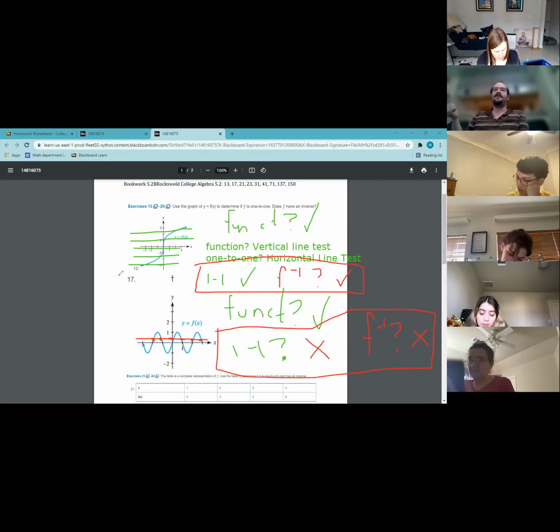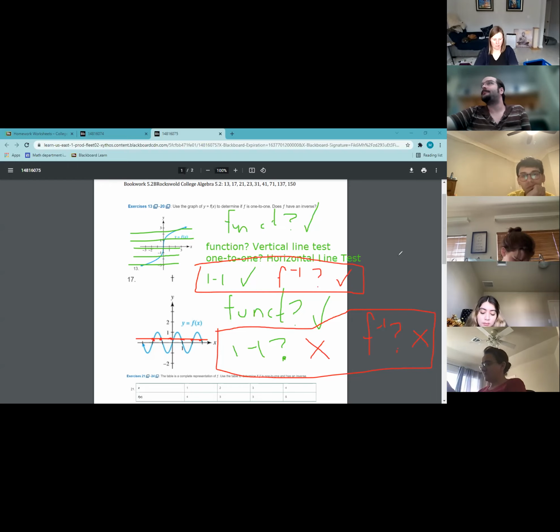If it's 1-to-1, that means its inverse is a function, and if its inverse is a function, then it has an inverse. So these two things are really the same question, just asked differently.